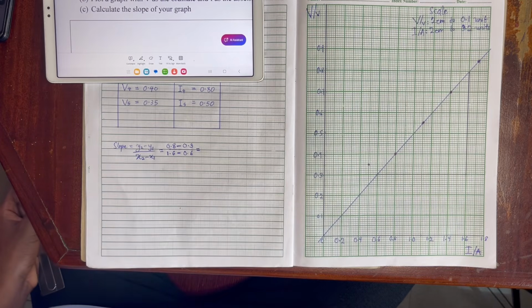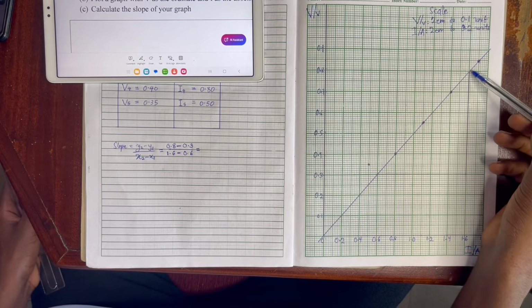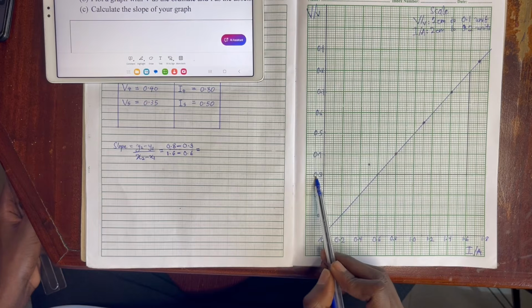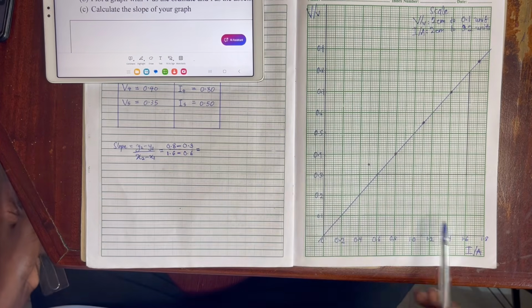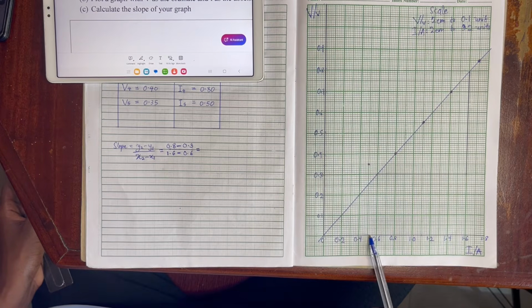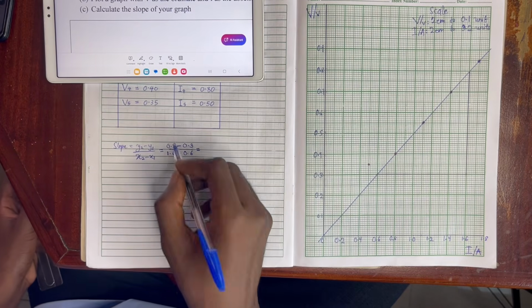What matters the most is, for the y values, let's compare these two, 0.8 and then 0.3. If I made it 0.8 minus 0.3, I'm also on the x. I'm supposed to take the smallest value out of the biggest value. Now, let me do it in a different way.